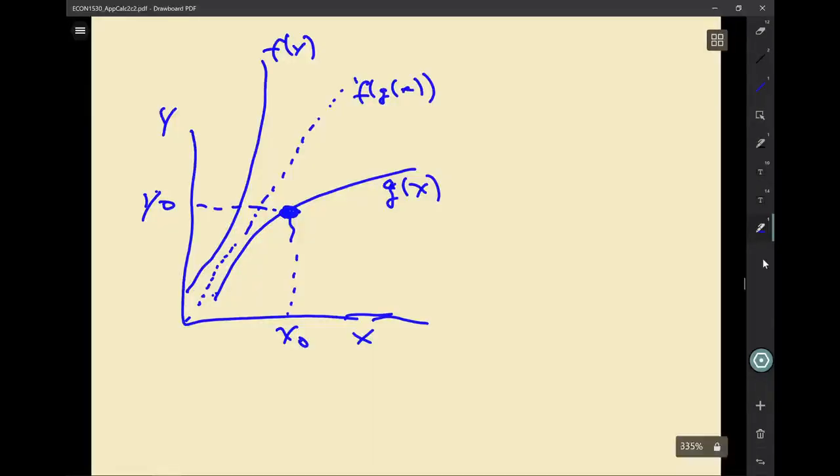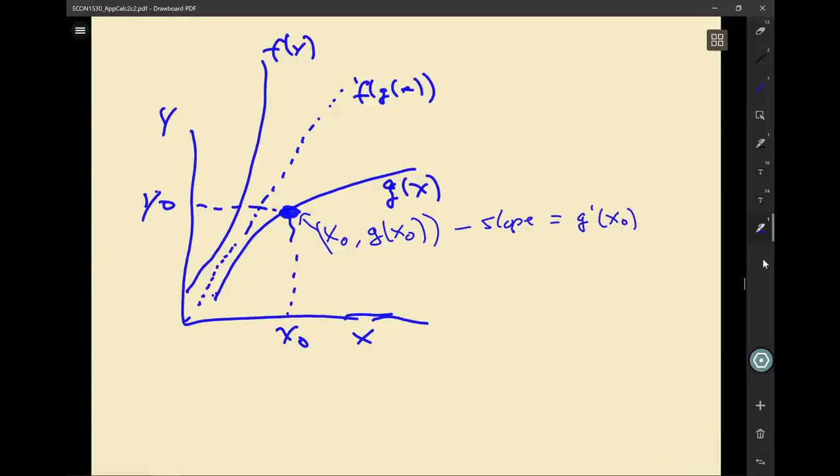Now, before we jump on to the next topic, let's finish working with this diagram. This point here has x-coordinate x naught, comma, g of x naught. And the slope at this point is equal to g prime of x naught.